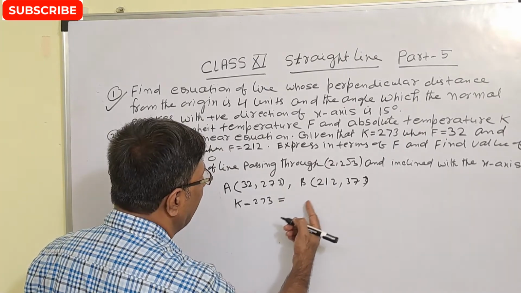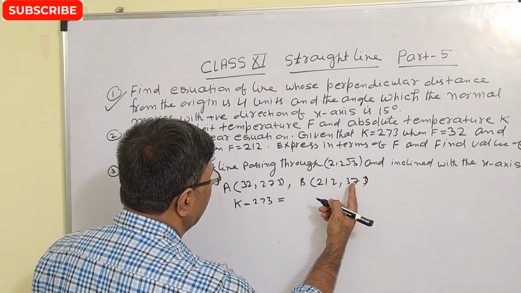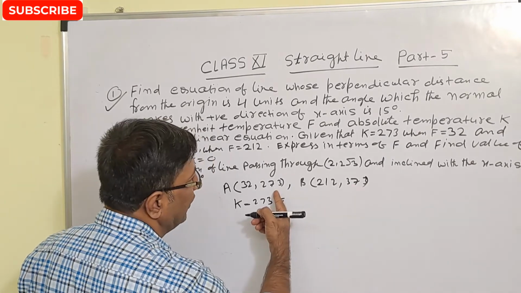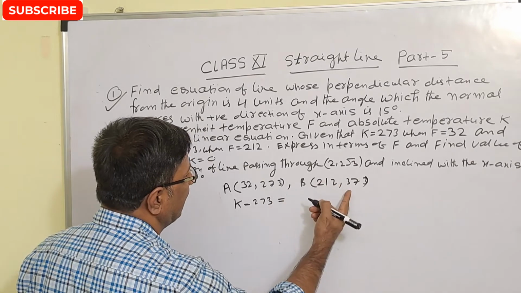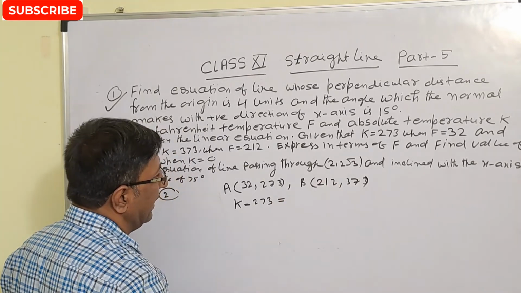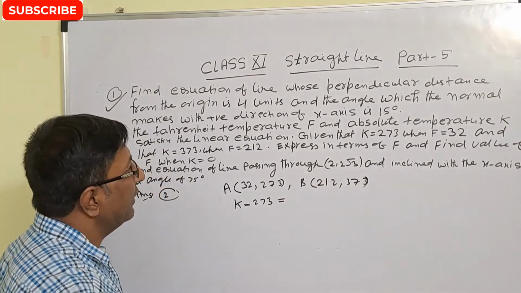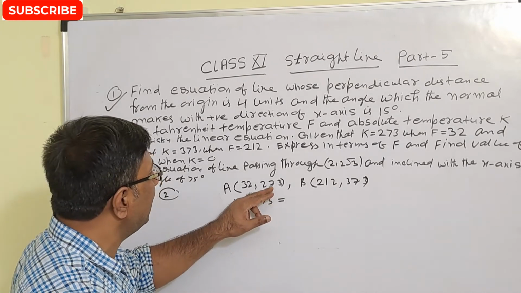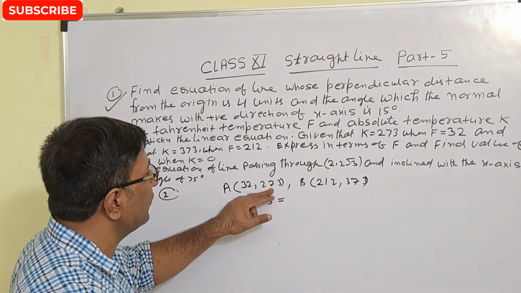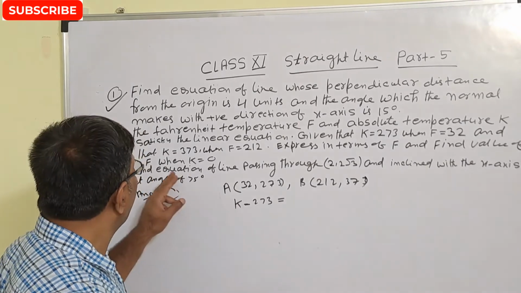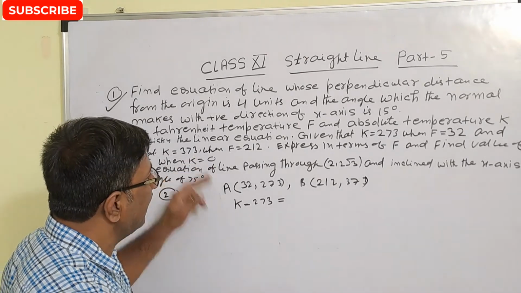So y2 is 373, so this is 373 minus 273. It will become a difference here because here 32 and 273, and here 212 and 373.